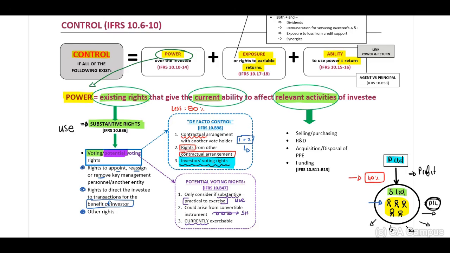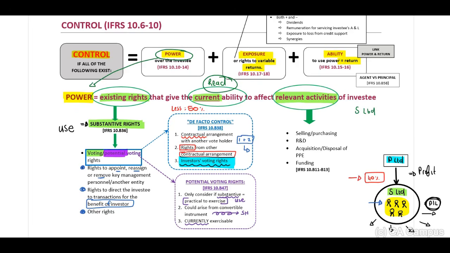Right, now we're still looking at power. Current ability. Now you will have to read a scenario and you will have to use your professional judgment. Current ability. Do they have the ability now to be able to affect relevant activities of S Limited, the investee?